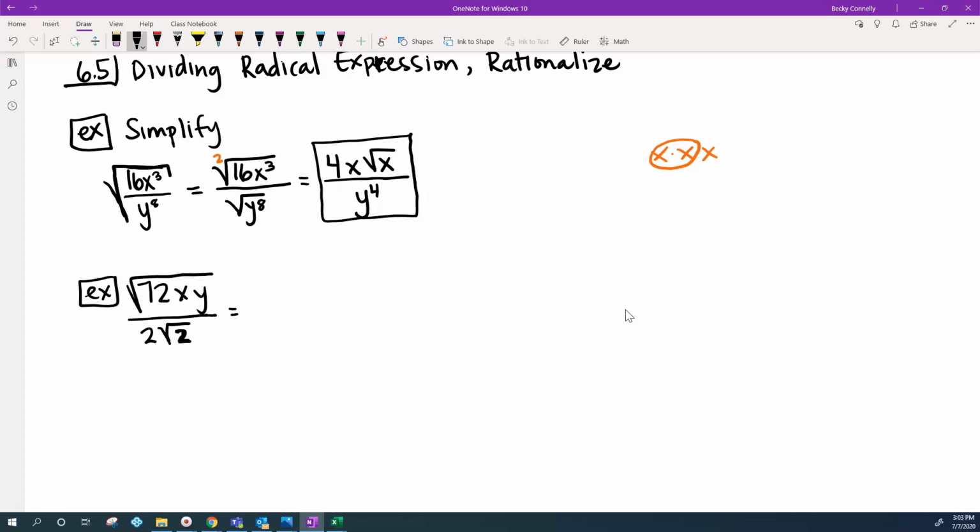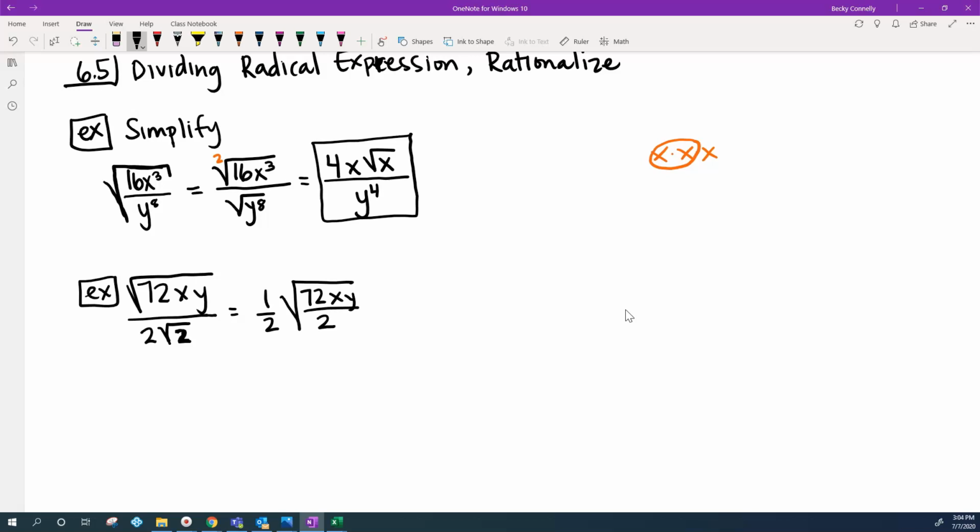So I could rewrite this with the 1/2 out in front, because that's the 2 on the bottom there. And then inside there, we've got 72xy over 2. Now why would I want to do this?